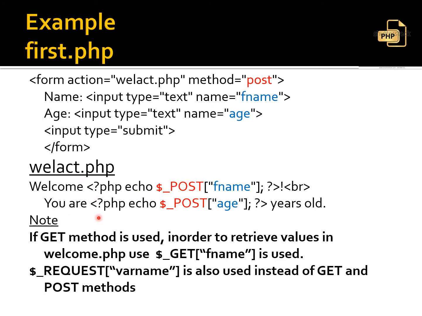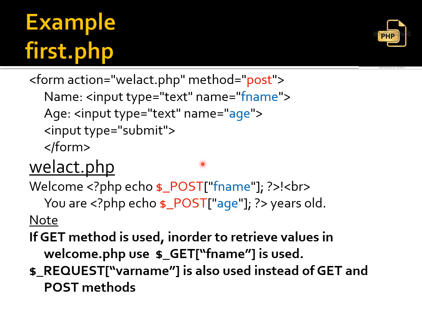Then a PHP script is opened again: echo $_POST of age, years old. If the user inputs the value 10, the message You are 10 years old will be displayed in the wellag.php web page.